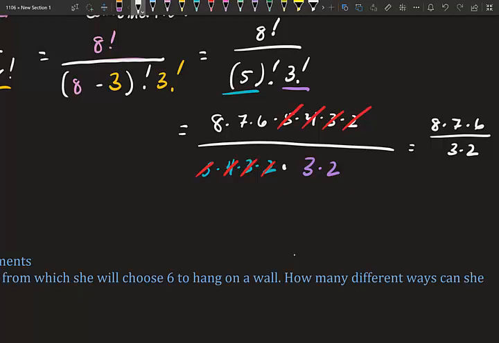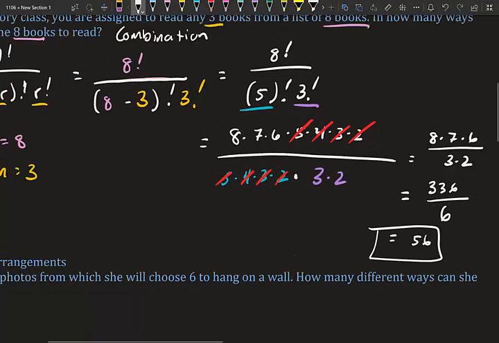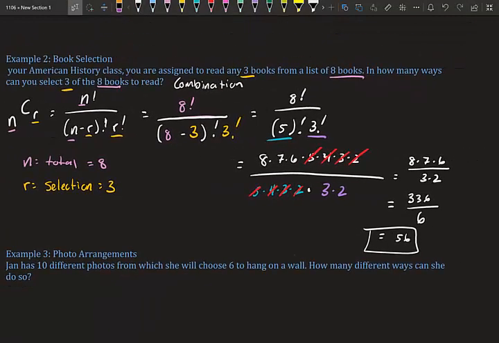But 3 times 2, that is 6, so you can cancel out the 6 and 3 times 2 too. But let's say you don't see that, and that's totally okay. It doesn't matter, because you can just work with it as is. So 8 times 7 times 6, that's 336. 3 times 2 is 6, so we divide that by 6, and we get 56. So if you have 8 books and you need to read 3, you have 56 different combinations.